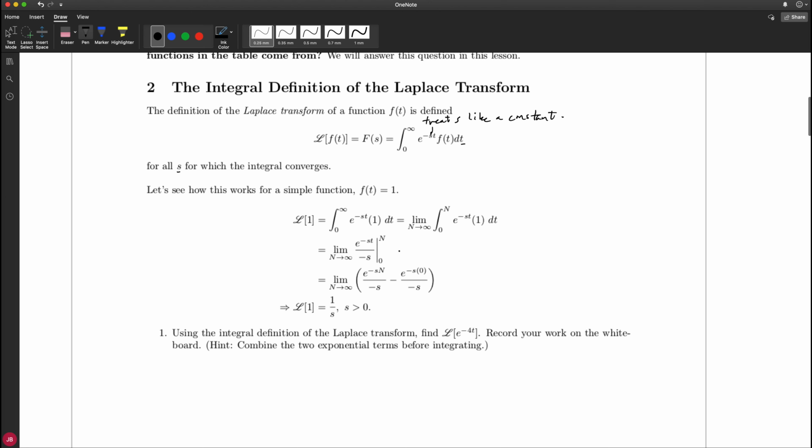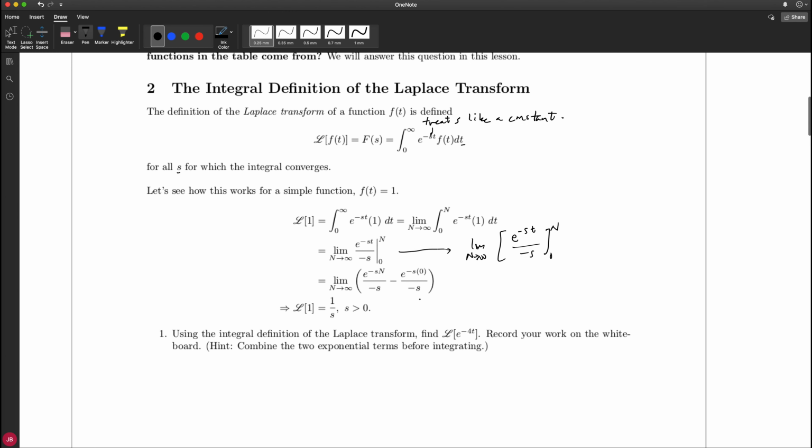So I would probably write this as limit N goes to infinity and then put it in square brackets. So it means the same thing, right? And you'll see as I work through examples that I'll be using the more familiar notation from calculus.